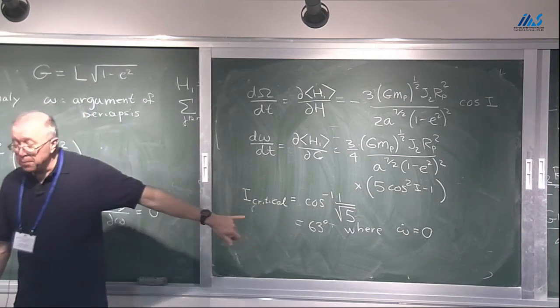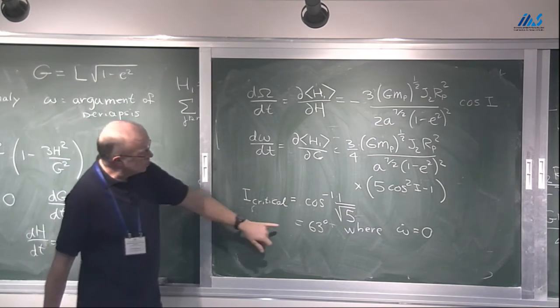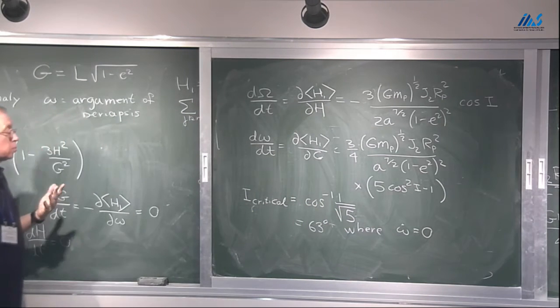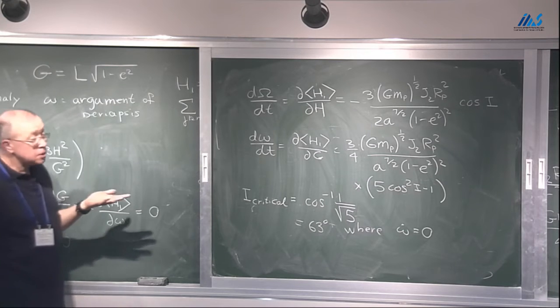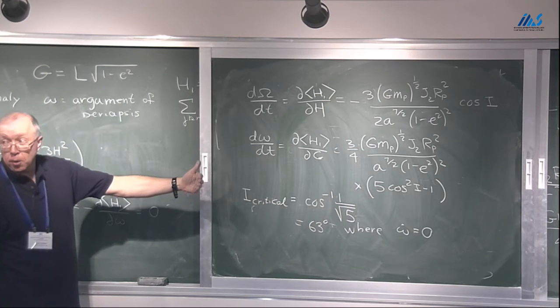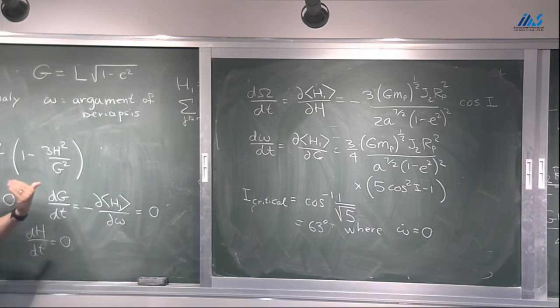This actually has applications. If you're an engineer who's designing satellite orbits, it can be useful to have a satellite where the omega dot is 0. In particular, we know that there are lots of communication satellites at geosynchronous orbit which keep them over a fixed spot in the equator because their orbital period is equal to the rotation period of the Earth.